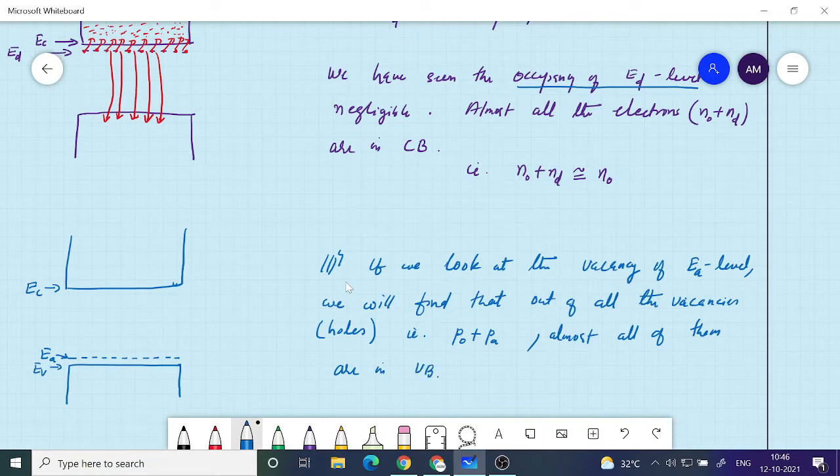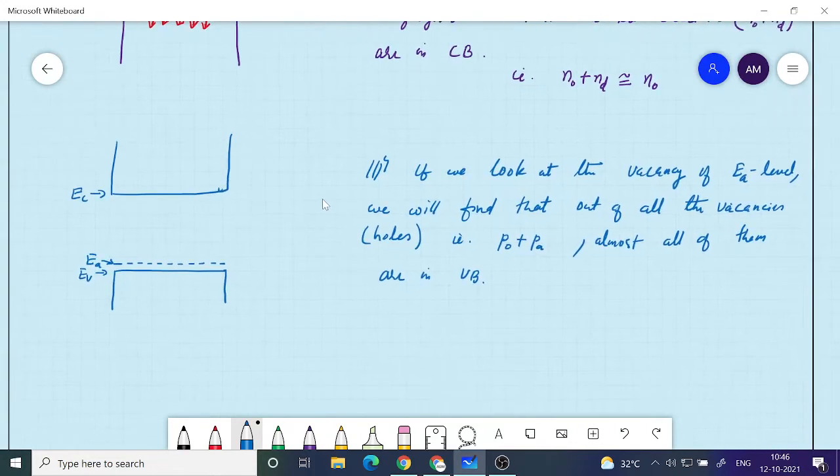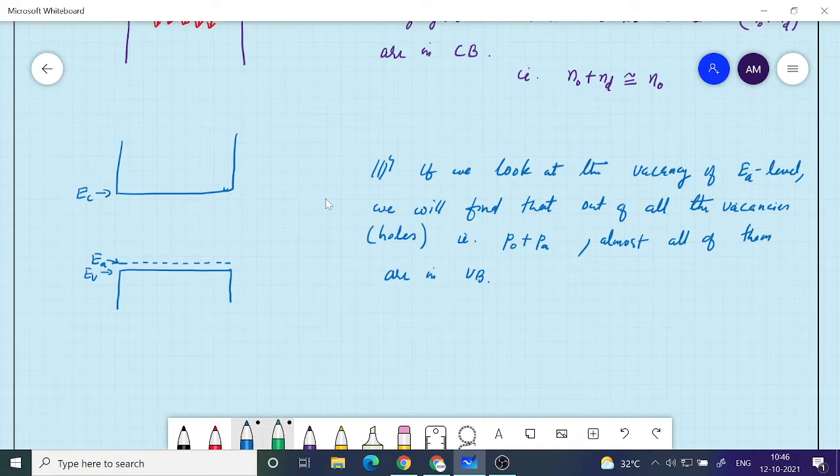So what do I mean by that? It is just the analogous thing, but here in terms of holes.